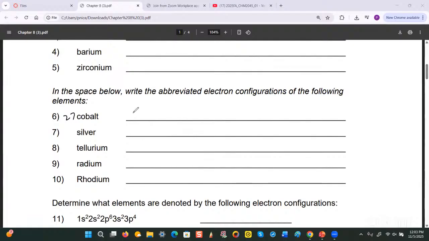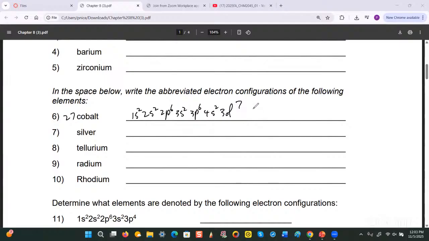So in the case of cobalt, it's 1s2, 2s2, 2p6, 3s2, 3p6, 4s2, and then 3d7. All right? So this would be the full electron configuration.